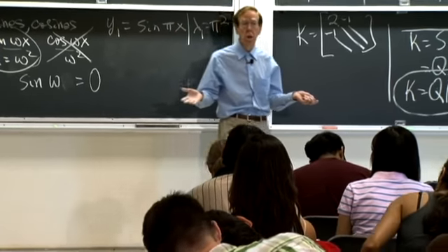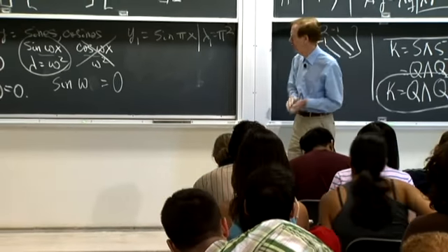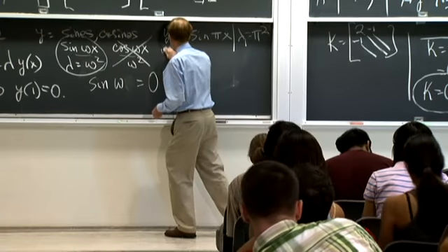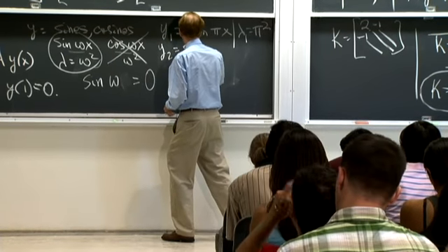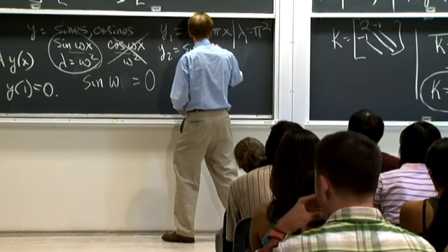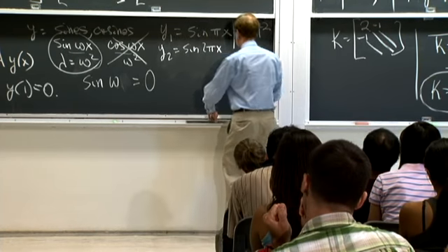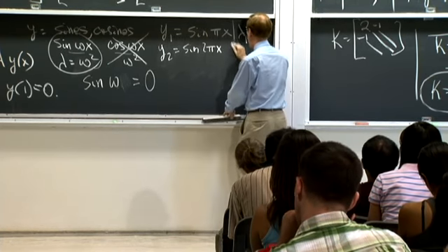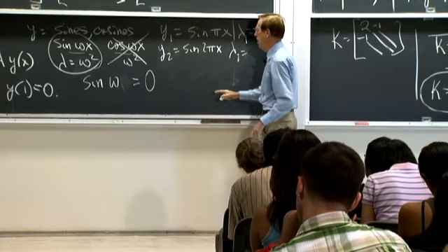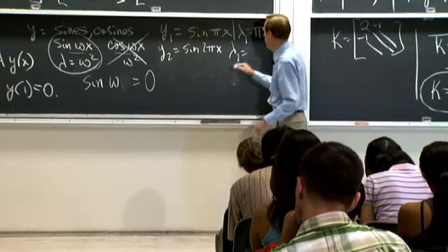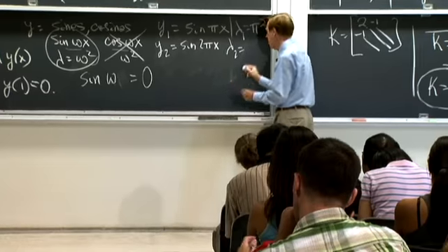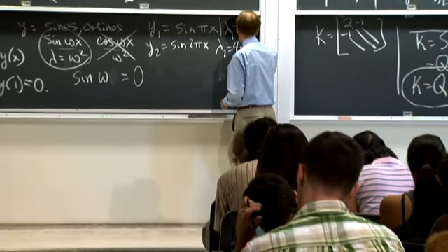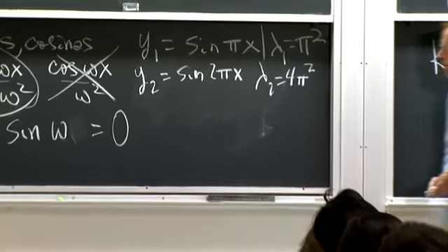What's your choice? 2 pi. So the next one is going to be sine of 2 pi x. And what will be the eigenvalue that goes with that guy? Lambda 2 will be omega squared, which is 2 pi all squared, so that's 4 pi squared. You see the whole list.